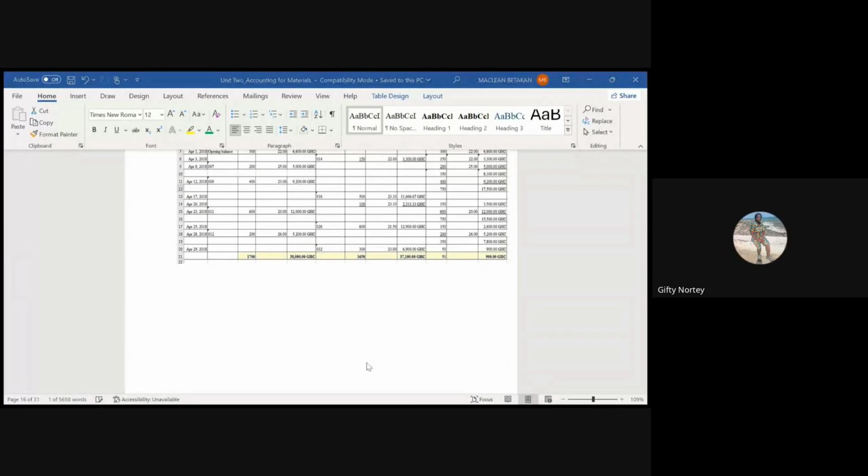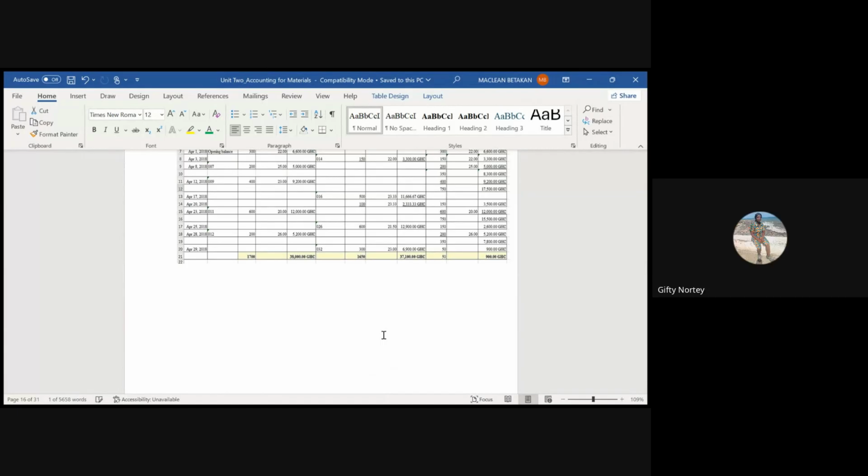You see the first unit we have is 23.33, then the second unit is 20 cedis. So we add 20 plus 23.333, and then we'll get 43.333. And we divide by 2. When we divide by 2, we get 21.666. Okay, that's it.